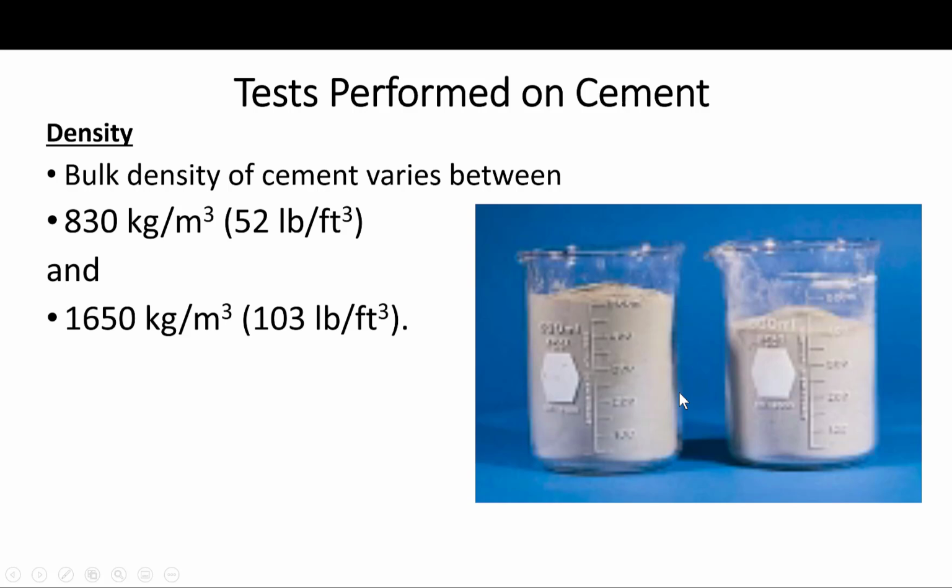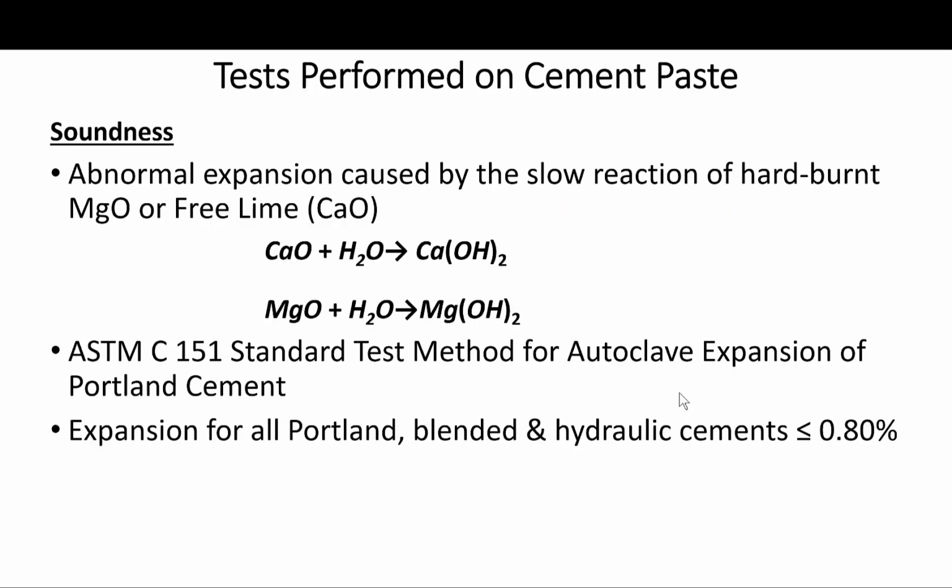The bulk density refers to the volume, including both the gaps between the constituent particles and the voids within the particles. The values vary between 830 kilograms per cubic meter to 1650 kilograms per cubic meter. Okay.